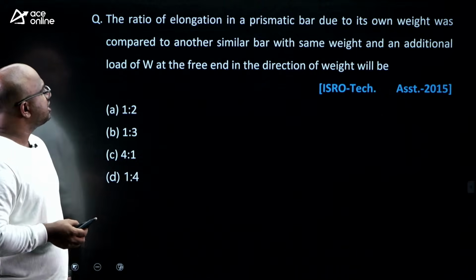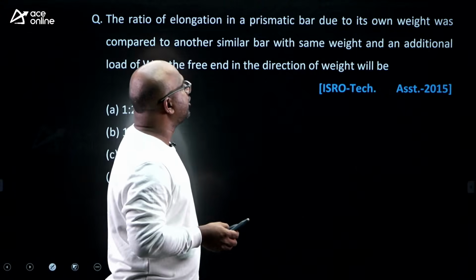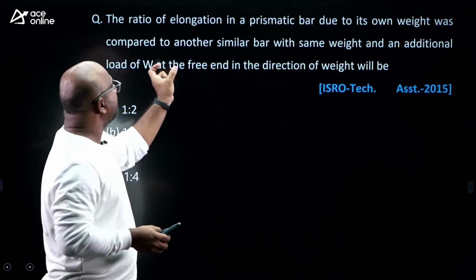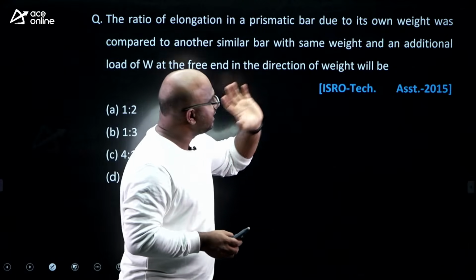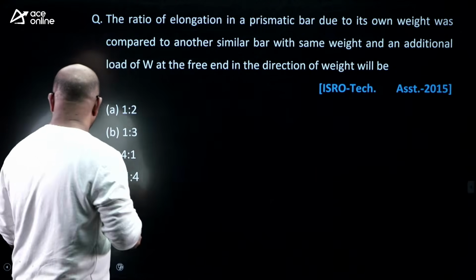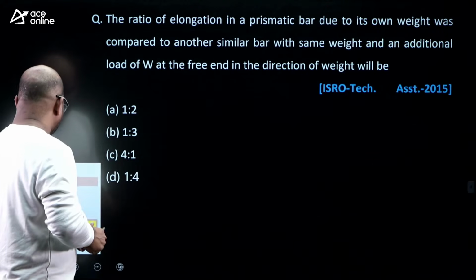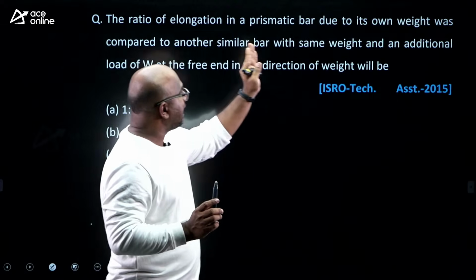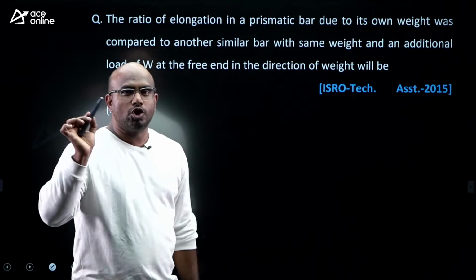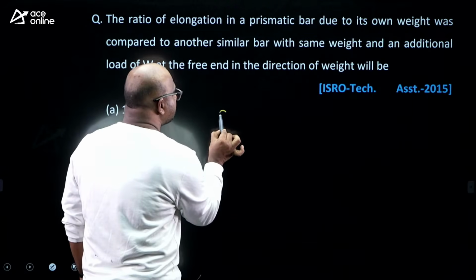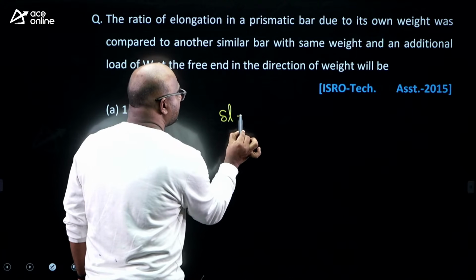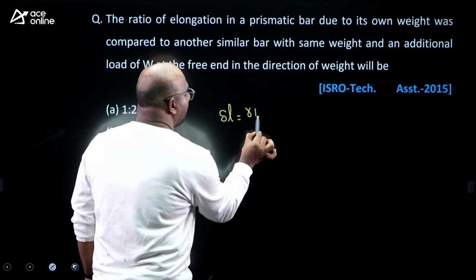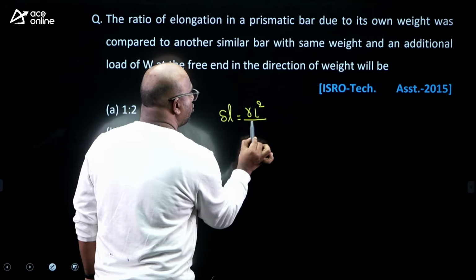The ratio of elongation in a prismatic bar due to its own weight was compared to another similar bar with the same weight. Listen carefully. What is the elongation of a prismatic bar due to its own weight? Just now we said it equals gamma L square by 2E.